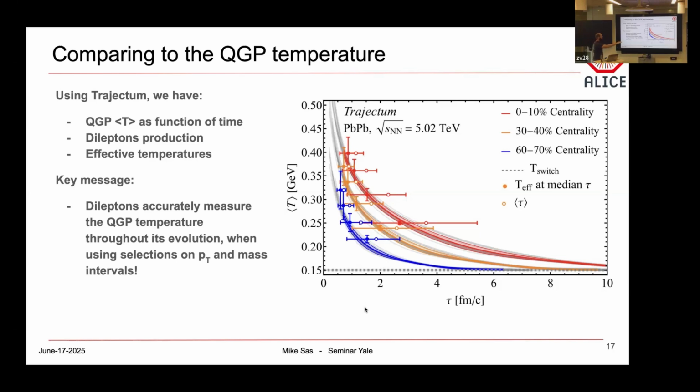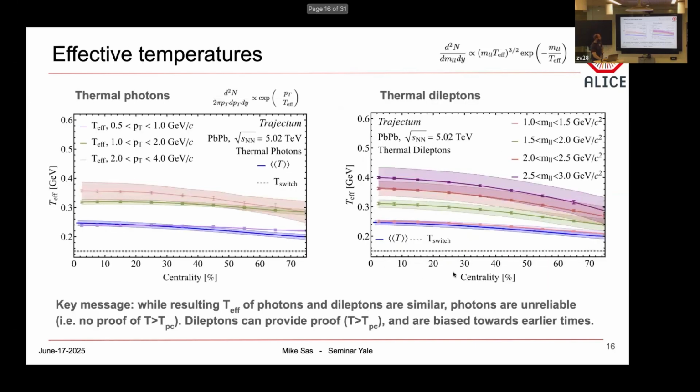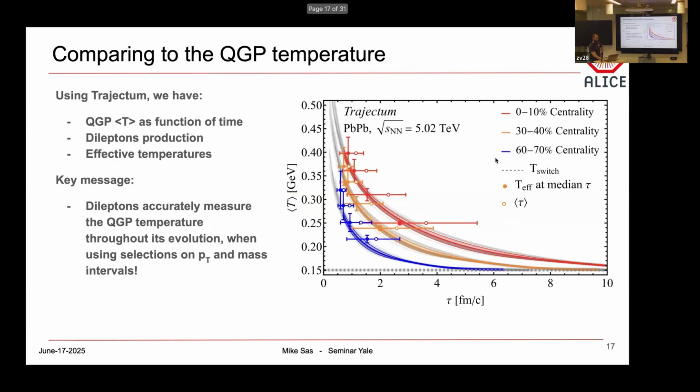So we just have the QGP evolution. And then for every analysis cut, like we do here, we have different selection criteria for our dileptons, which I was so far always hinting are produced on average at different times. We can create a distribution, calculate the mean and the sigma, or the quartiles more specifically, and put them on this plot.